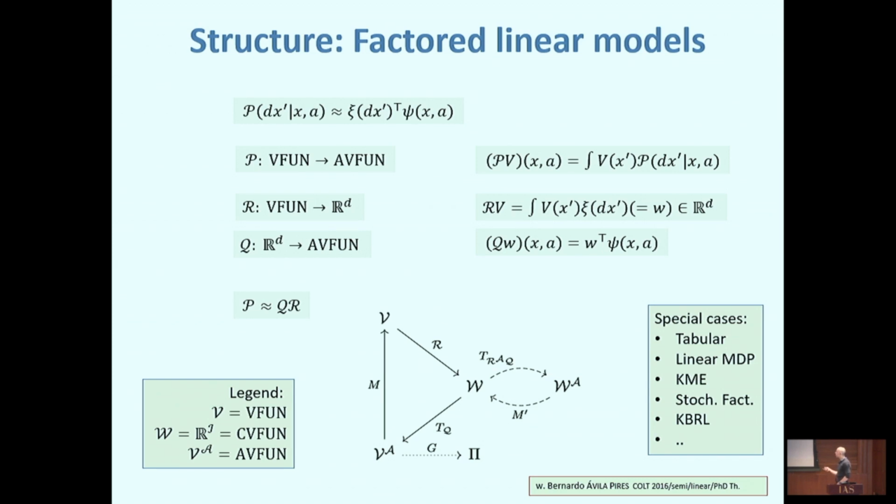So in these factored linear models, there's a lot of stuff that I won't be able to explain, but the gist of it is that the transition kernel has a factored form, such that you have one kernel which goes to low dimensional space. So this is like an analysis kernel that goes to low dimensional space, and then there is another kernel which expands back to the high dimensional space, and then you suspect that if this factorization is good, then at least based on the previous result, you should get a good result.